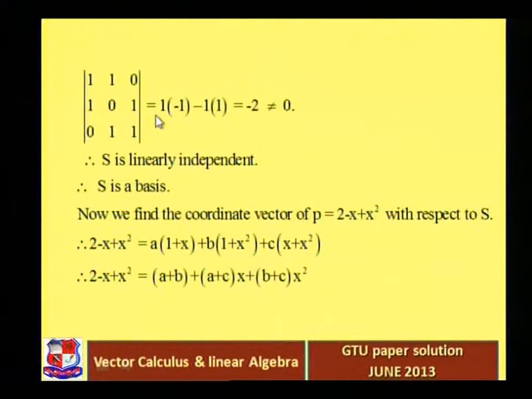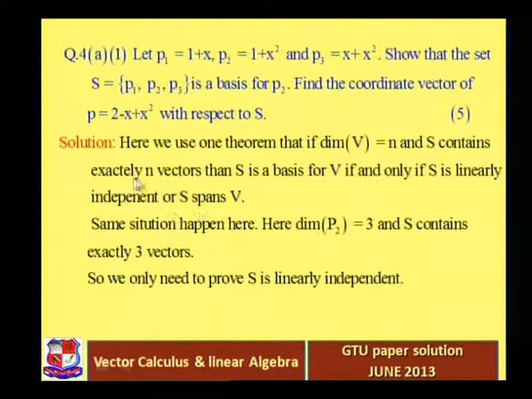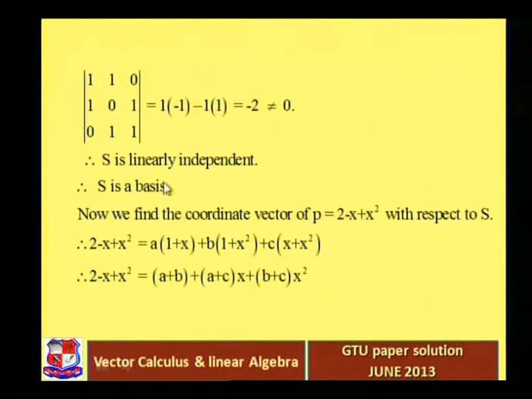So the determinant is 1 into (0 into 1 minus 1) minus 1 into (1 into 1 minus 1 into 0), that is equal to minus 1 minus 1, that is equal to minus 2, not equal to 0. So S is linearly independent, and using that important theorem we prove that S is a basis for the vector space V.